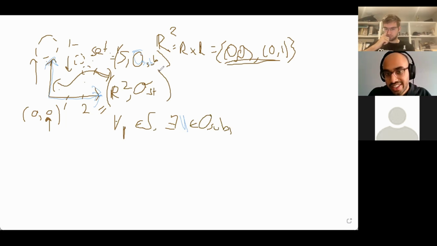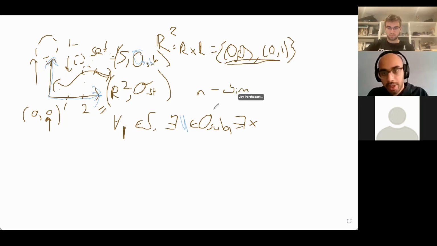there exists a map X that maps from, well, this is for n dimensions, right? An n-dimensional manifold. We haven't even discussed whether this is a 1-dimensional or 2-dimensional manifold. I'm going to make the claim that it's a 1-dimensional manifold, right?